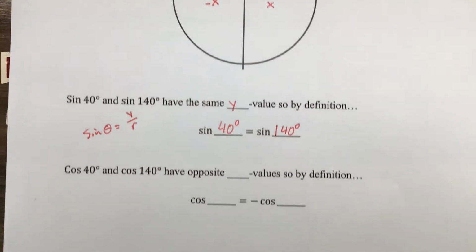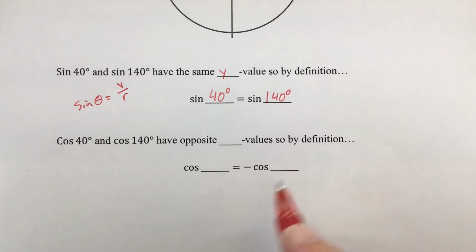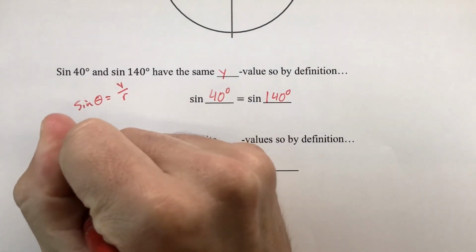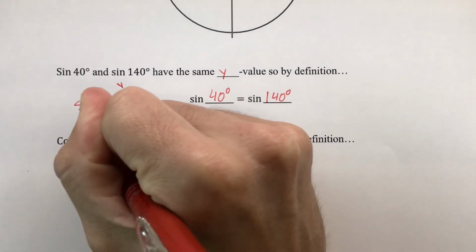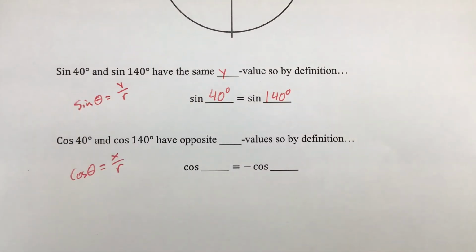All right, now let's take a look at cosine. The cosine of 40 degrees and the cosine of 140 have opposite blank values. Okay, let's think again about the definition for cosine. The definition of cosine theta is equal to x over r. We have the same argument for r, that all the r's are the same in the picture.